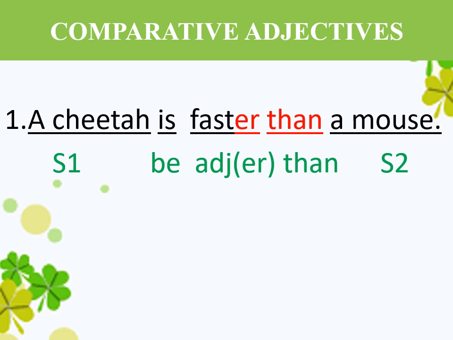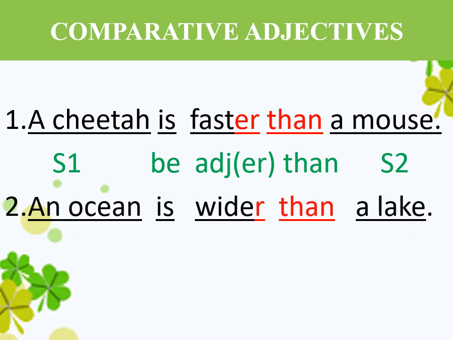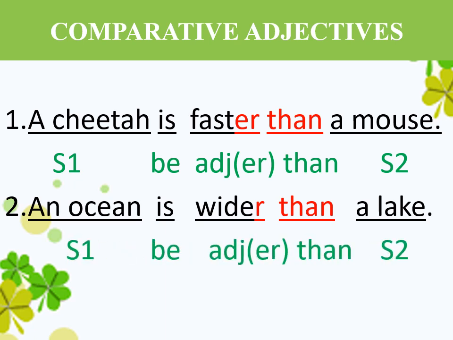The second example: an ocean is wider than a lake. An ocean: subject number 1, is (be), wider than: comparative adjective, a lake: subject number 2.